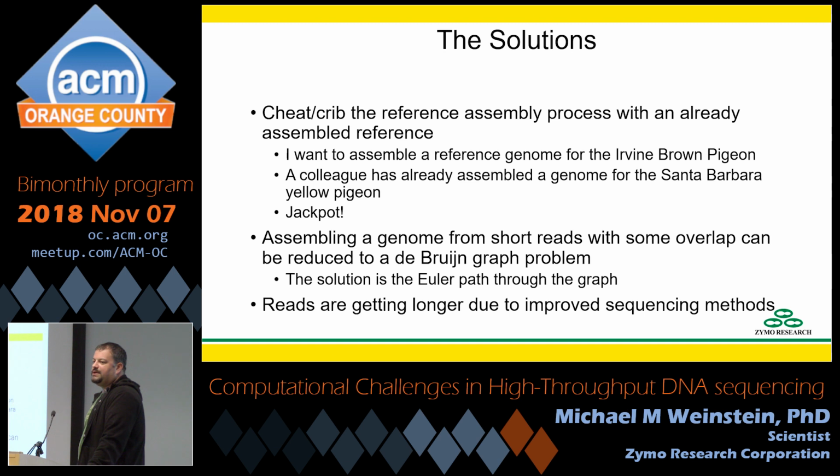this turns out to be a De Bruijn graph problem. So this is probably going to get more hands. Who here is somewhat familiar with De Bruijn graphs? Oh wow, I was expecting more than that. Okay, well the good news is I kind of give an idea about it here.